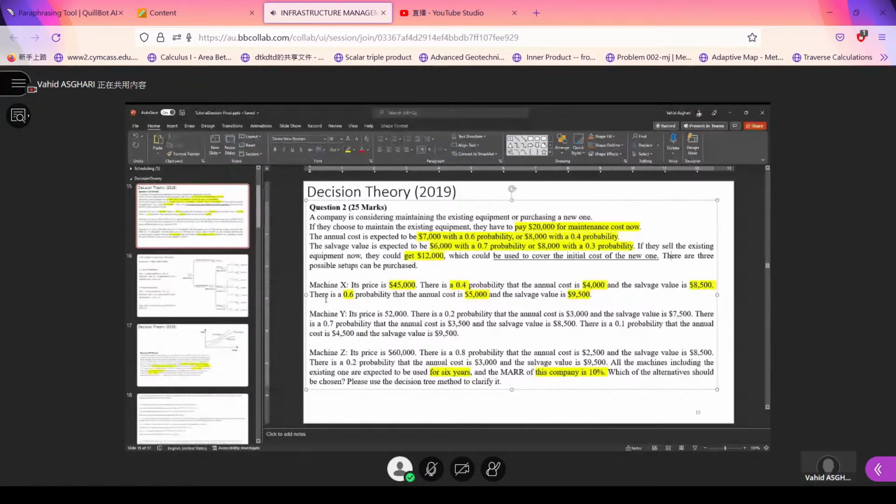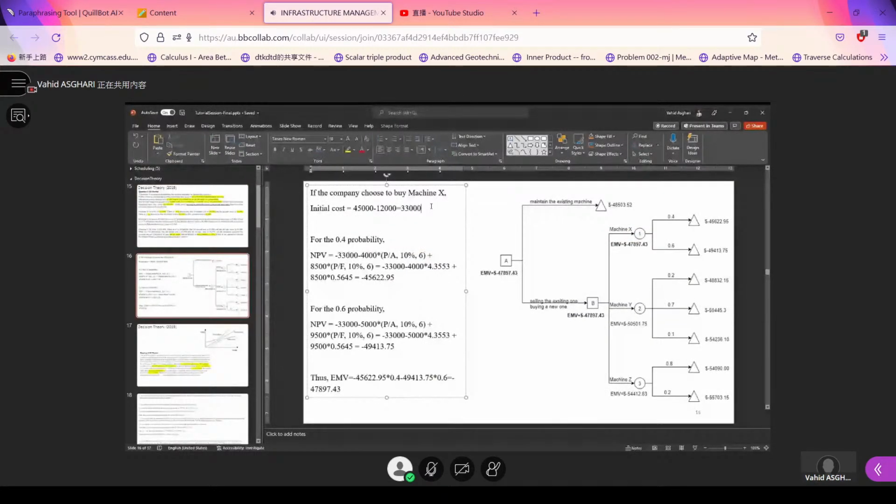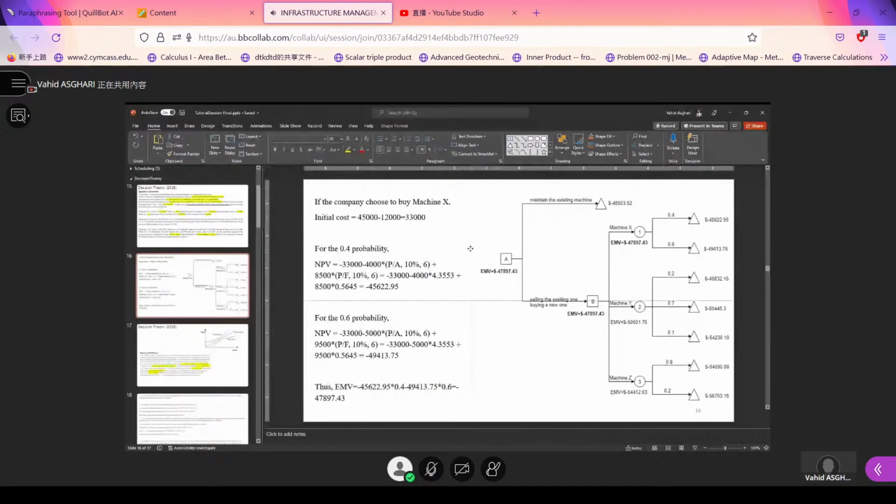There is also a 0.6 probability that the annual cost is 5K and the salvage value is 9.5K. Let's see what the solution was. Let's only talk about option X here.